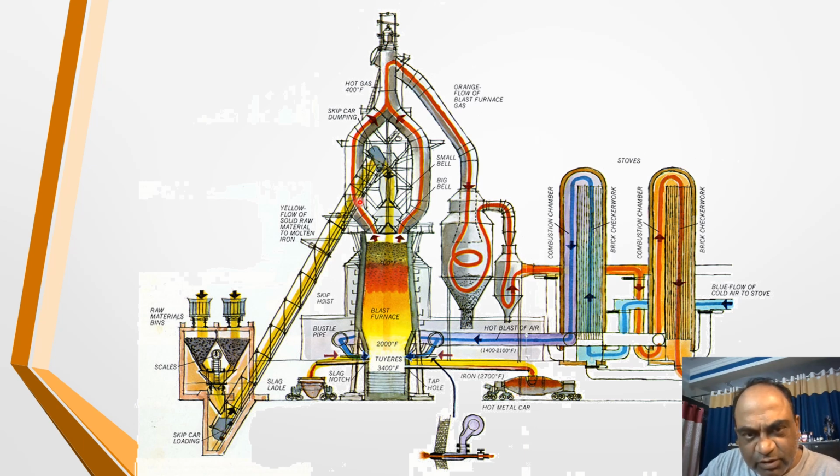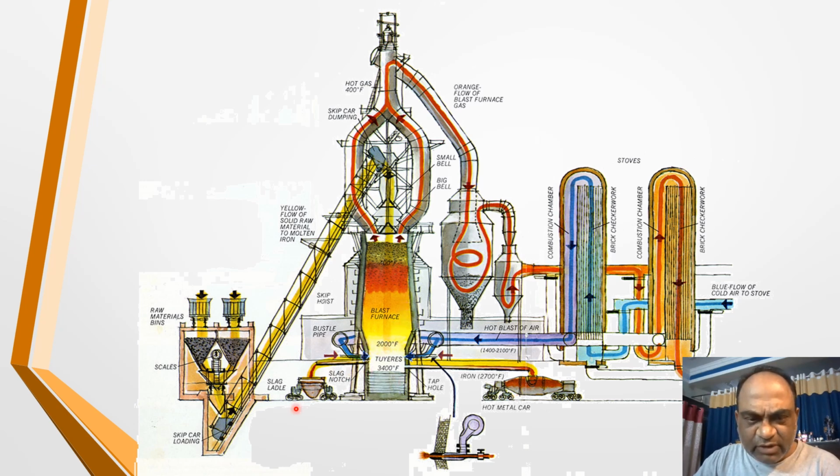It has to travel all the way to the top of the blast furnace and pours the entire material into the blast furnace, and that goes inside. Coke, limestone, and iron ore, all these three materials are put from the top, and a controlling mechanism is of course there at the top, which controls the material insertion into the blast furnace.